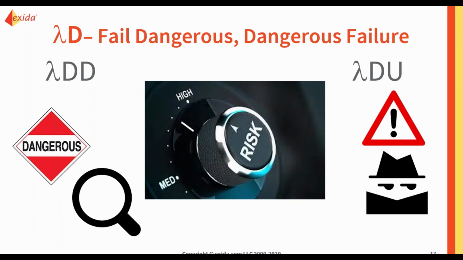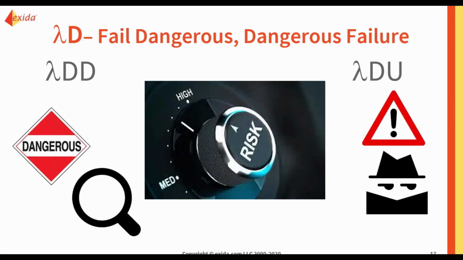The DD, the dangerous detected number, that of course will depend on your internal diagnostics. How much of those undetected failures are you searching for? How many can you find? And what would happen if that really happened? What does a dangerous detected failure mean? Well, a dangerous failure would be a time where the safety system can't do its job.